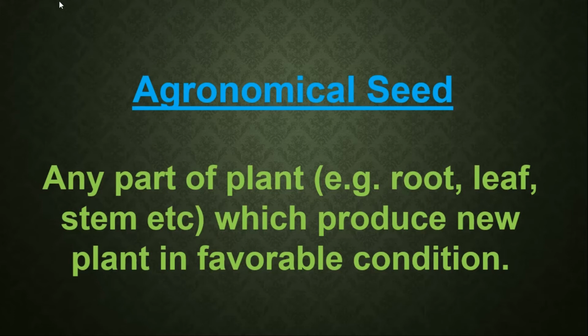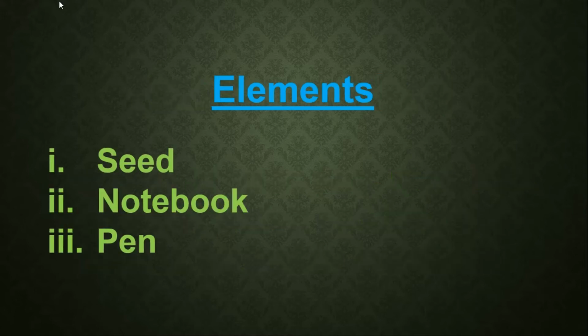Root is sown in the soil to grow plants. Leaf, stem and sucker must also be grown from the soil to become agronomical plants. So, from this definition, these two parts are very important.